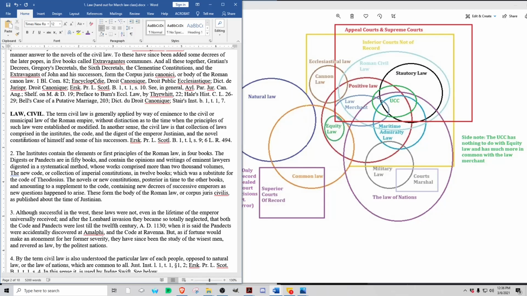The New Code, or collection of imperial constitutions, in 12 books, which was a substitute for the Code of Theodosius. The novels, or new constitutions, posterior in time to the other books, and announcing a supplement to the code, containing new decrees of successive emperors, and new questions that happened to arise. These form the body of the Roman law, the Corpus Juris Civilis, as published about the time of Justinian.